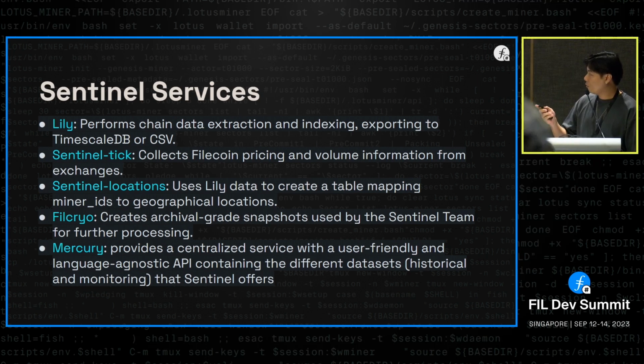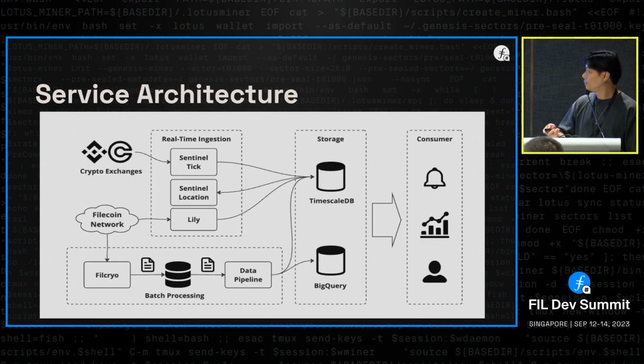And we have Filecion that creates archival-grade snapshots on a daily basis that will be used by our batch processing data pipelines. And last is Mercury. It's a new service that the team provides to offer a unified data access layer.